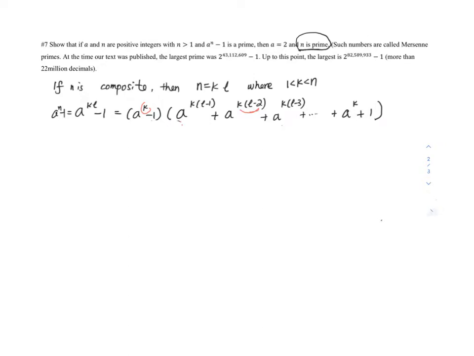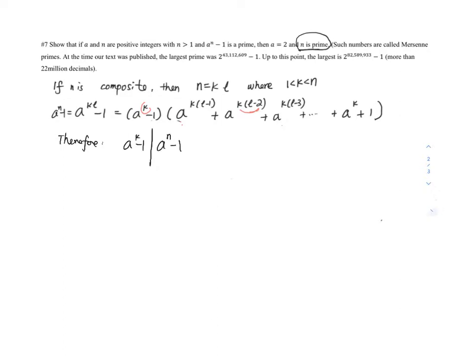Therefore, you can see that a to the k minus 1 divides this piece, which is a to the n minus 1.